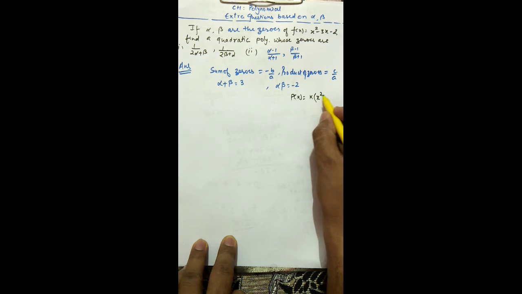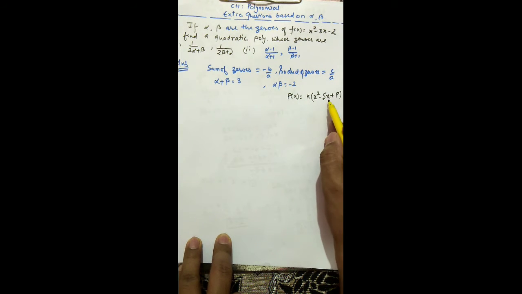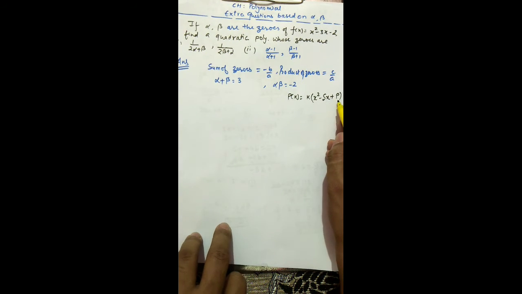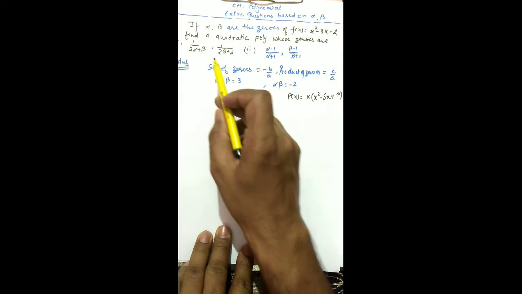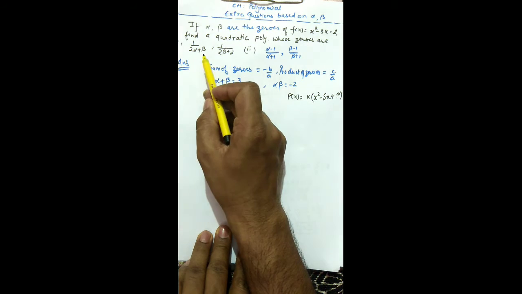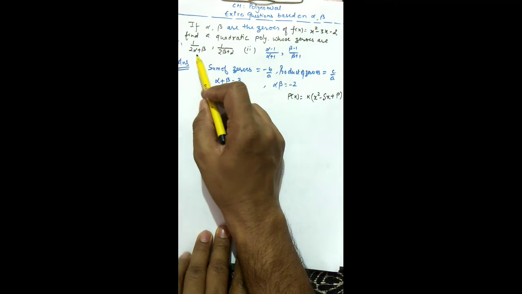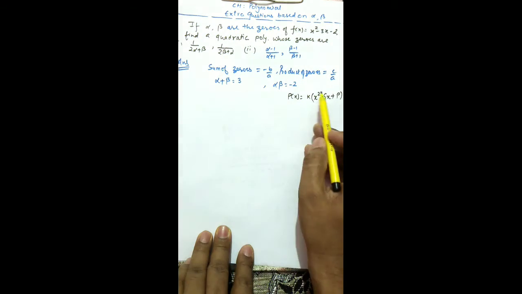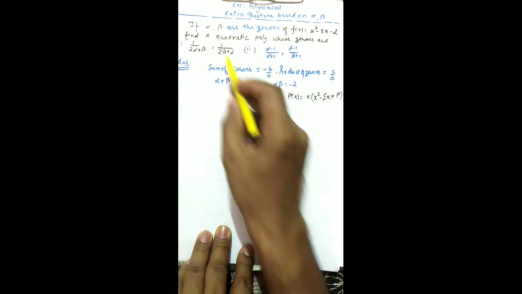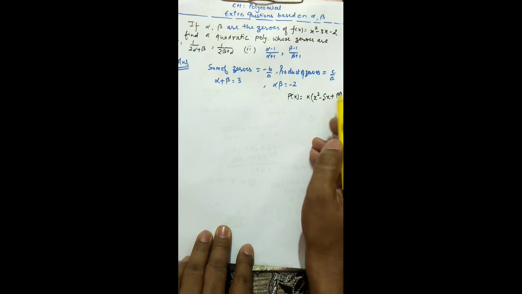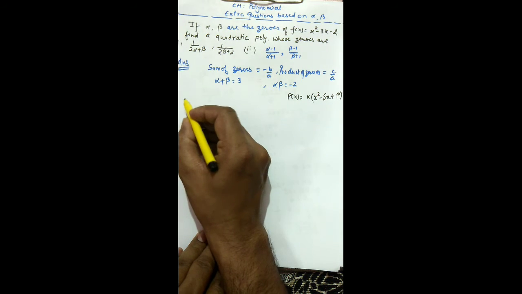Here s represents the sum of zeros and p represents the product of zeros. So in the first part, we first have to find the sum of these two zeros, then the product of these two, and substitute into this formula. So I am now going to start the first part.